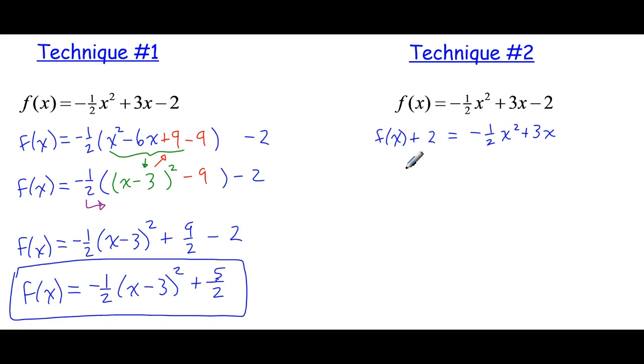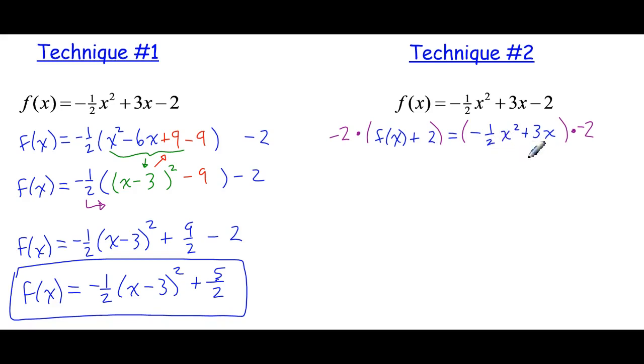The other thing that we would do here is we would get rid of this coefficient by multiplying or dividing. In this case, I'm going to get a little fancy. I'm going to multiply both sides by minus 2. Only because that's a lot easier to write and a lot easier to think about than the alternative. The alternative would be, quote, divide by negative 1/2.